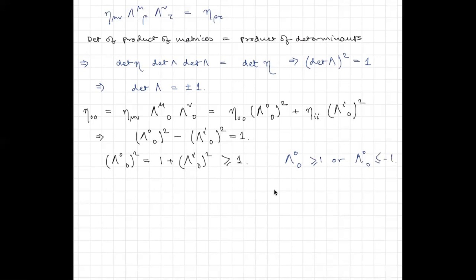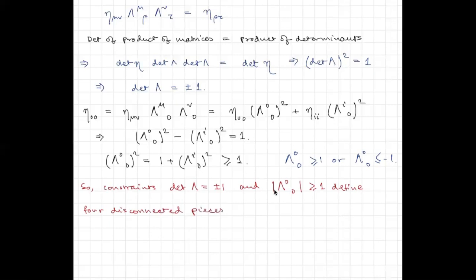So now what you have is the following constraints: determinant of lambda equal to ±1, and mod of lambda 0, 0 greater than or equal to 1, define 4 disconnected pieces of the parameter space.